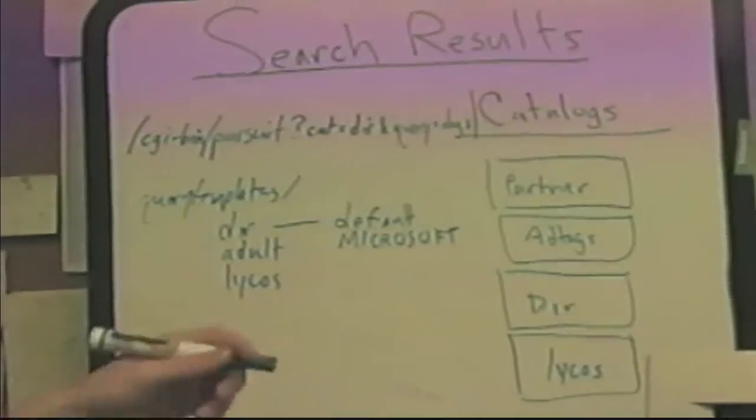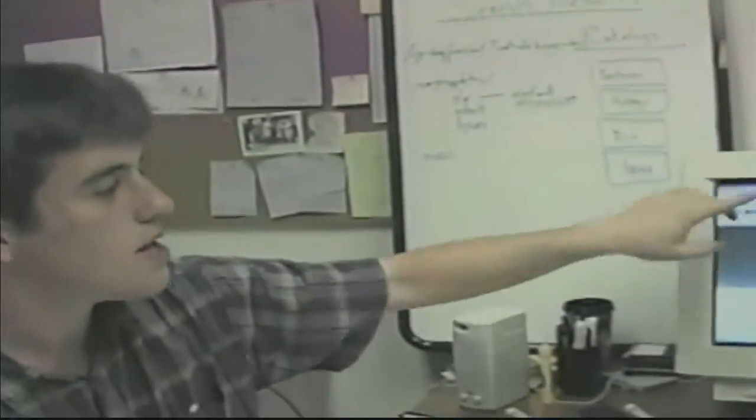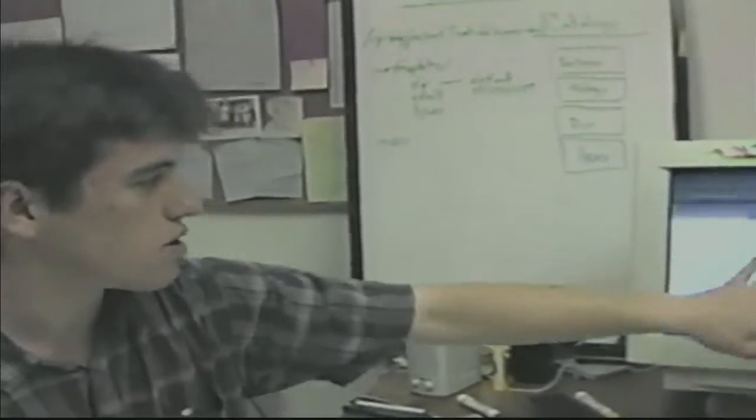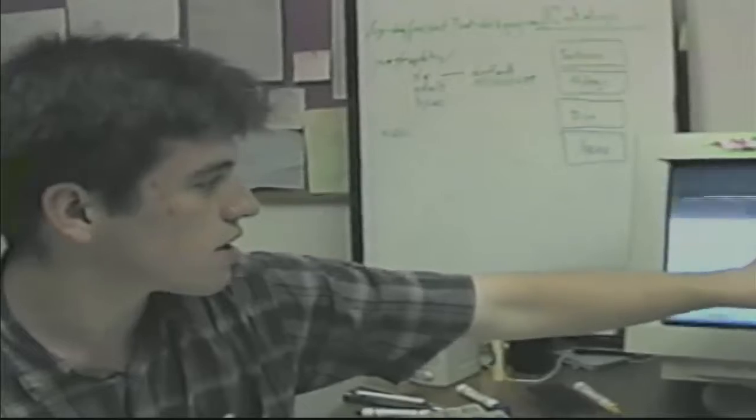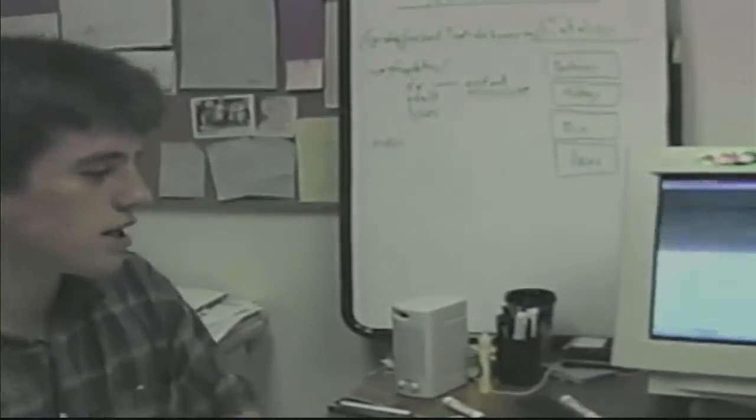So instead of going into the dir directory and query templates, it goes into the Lycos directory. Okay. And when it's presenting the main results, it's going to present them out of the Lycos catalog. It's the catalog you said in the query string. But all these other catalog data, which are these two links and these buttons, come out of kitty calls.